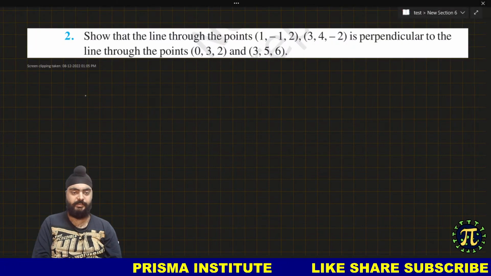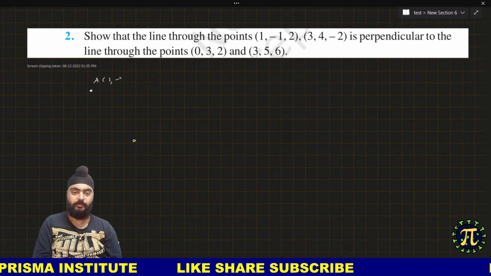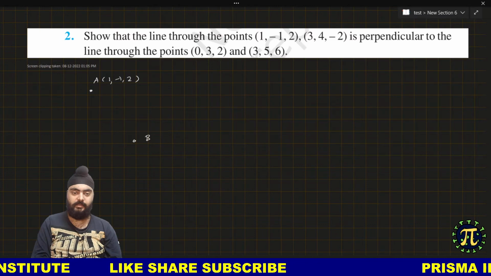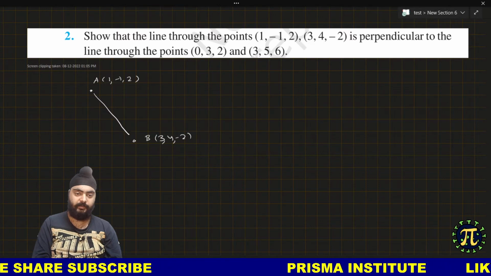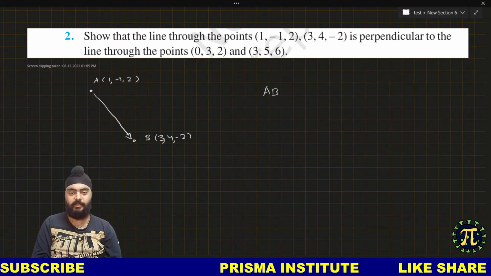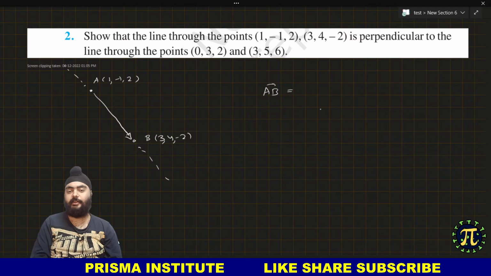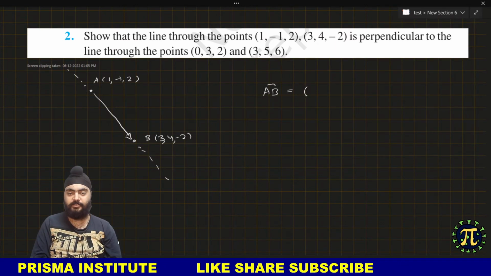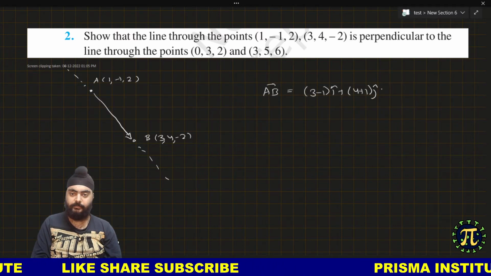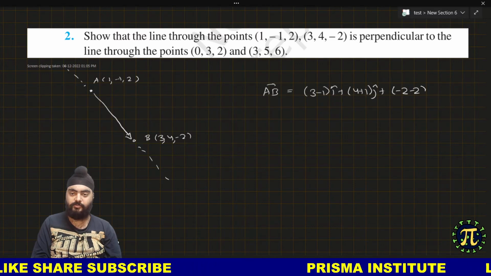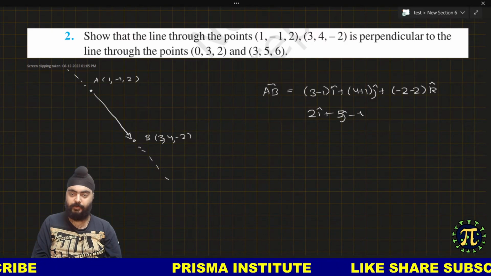No. So I will just take two points A and B, whose coordinates are 1, -1, 2 and B is 3, 4, -2, and what I will do is find the AB vector. Some line will pass through these two, but we are not writing that, I will just find the AB vector: final minus initial, (3 - 1) I cap plus (4 + 1) J cap plus (-2 - 2) K cap, which simplifies to 2I cap plus 5J cap minus 4K cap.